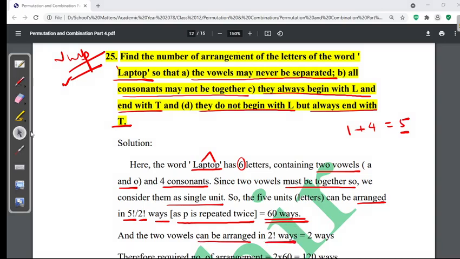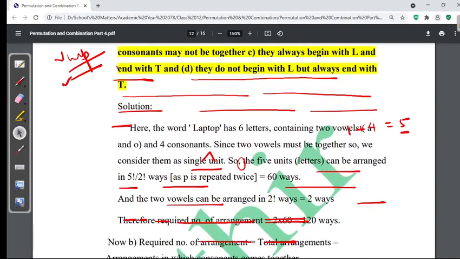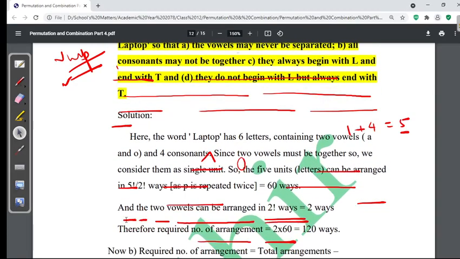That's why the required answer is 2 times 60, that is 120 ways for the first part, where the vowels are never separated, or come together. First part is that.